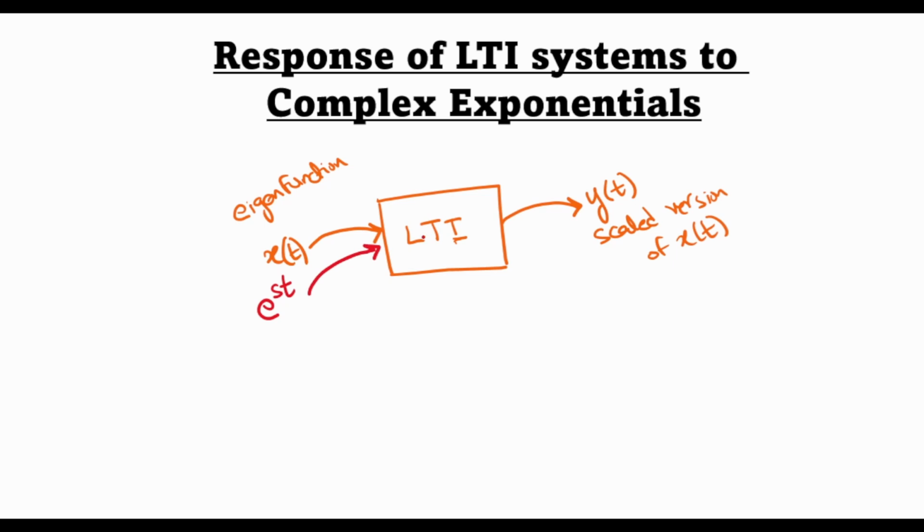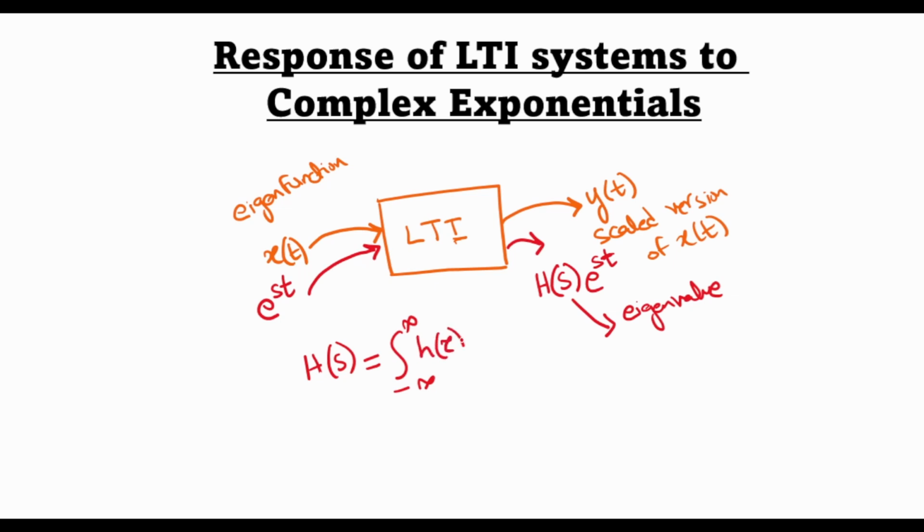So if this is applied, then the response that we get is h of s times e to the power st, where h of s is known as the eigenvalue associated with the eigenfunction e to the power st, and we derived the relationship to calculate h of s, which is given as the integral from minus infinity to infinity of h of tau e to the power minus s tau d tau, where h of tau is the impulse response of the system.